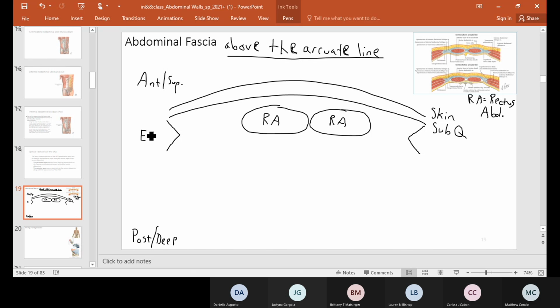So this is going to be EAO. And over here, this is EAO because we have a right and a left. Then we're going to see IAO. IAO is obviously going to be internal abdominal oblique. And then we're going to see TA as the deepest.